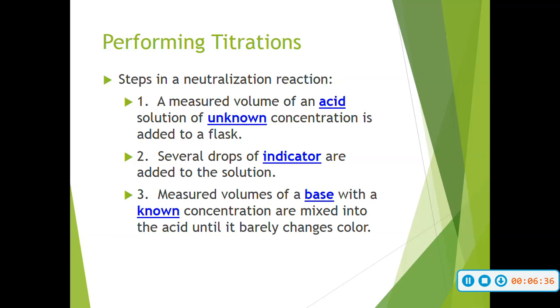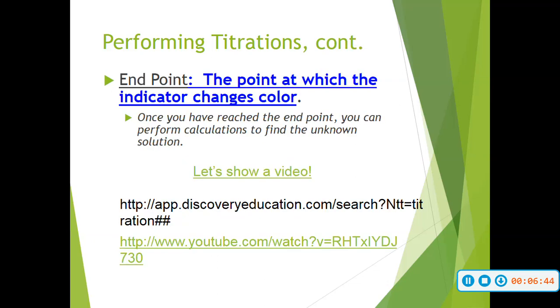If you need to watch that video, I'll put the link down below so you can watch it. The endpoint is the point at which your indicator changes colors. Once you have reached the endpoint, you can perform your calculations to find the unknown solution.